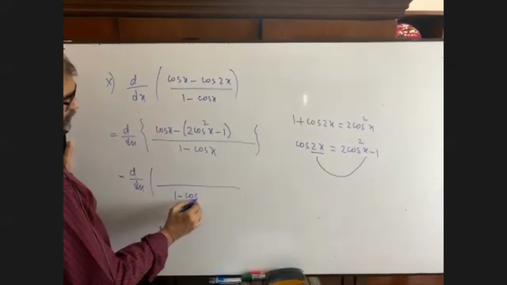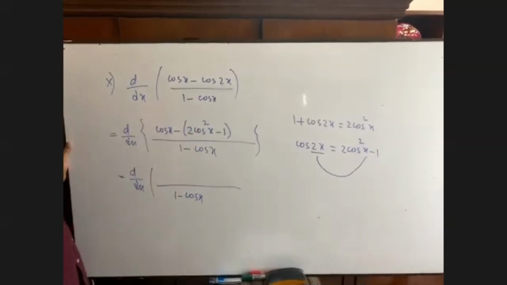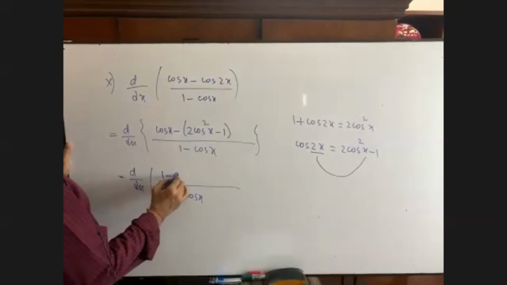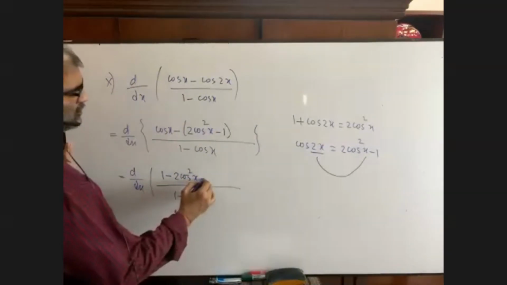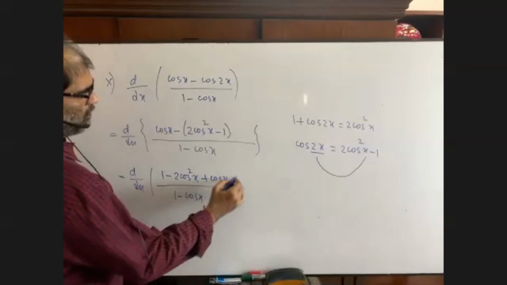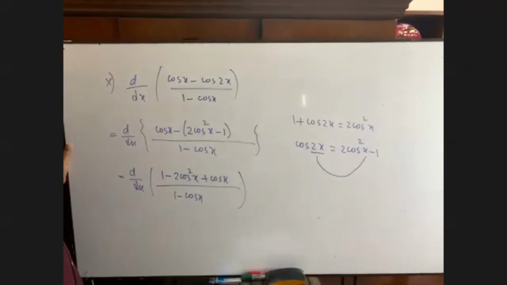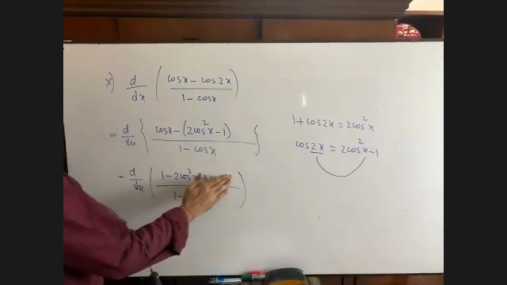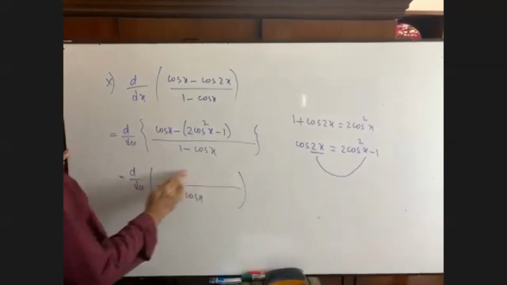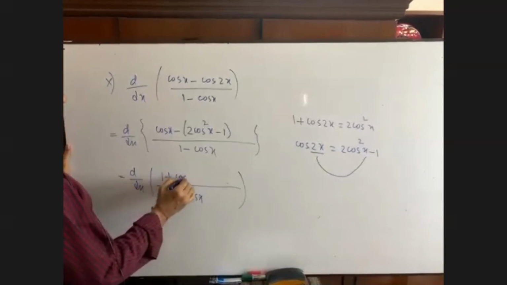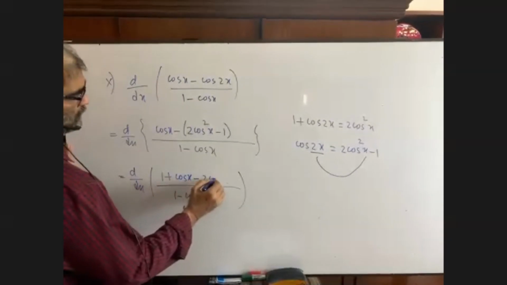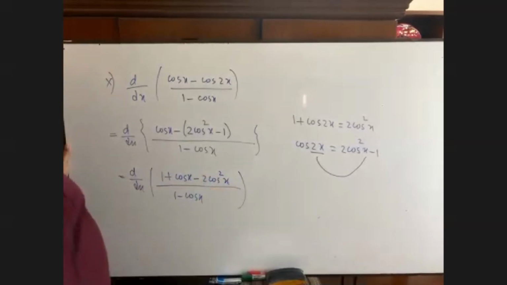1 minus cosine x. Here what we are getting? Can you please let me know? If I write like this, 1 minus 2 cos square x plus cosine x, is it? Very good. If I write this, will you come to understand? 1 plus cosine x minus 2 cos square x, actually as the descending order of power.